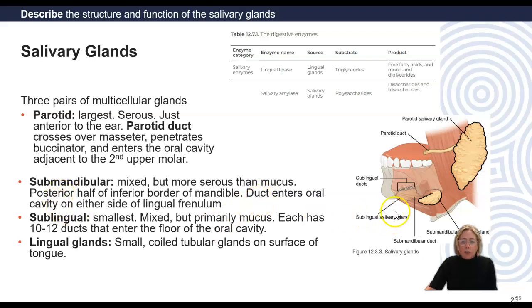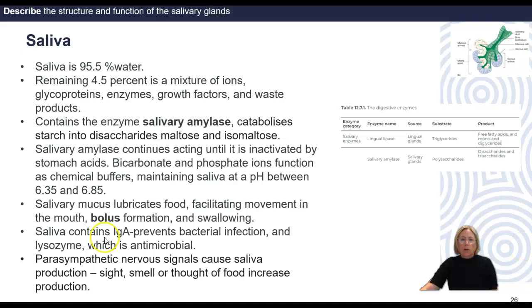And then we have the sublingual salivary gland, which is the smallest, and it secretes a mixed secretion as well, but it's mostly mucus in this case. Each of the sublingual salivary glands has 10 to 12 ducts that enter the floor of the oral cavity. We also have lingual glands, which are small coiled tubular glands located on the surface of the tongue.